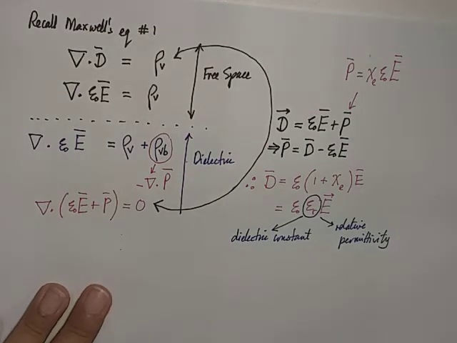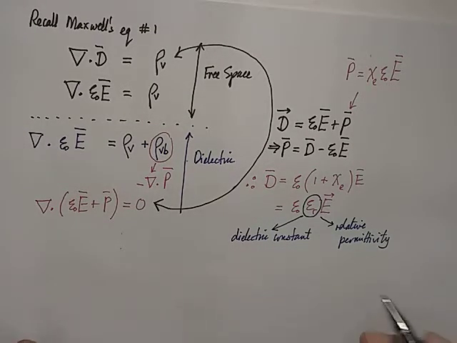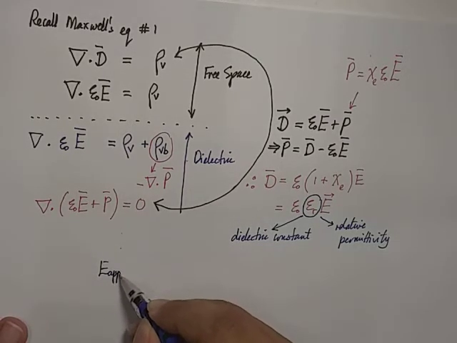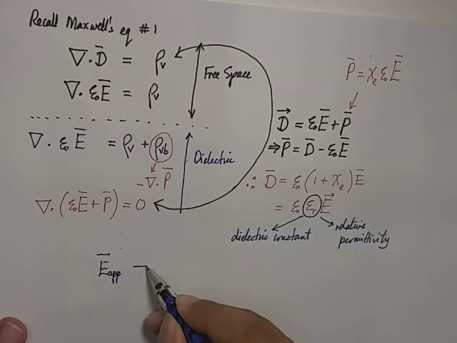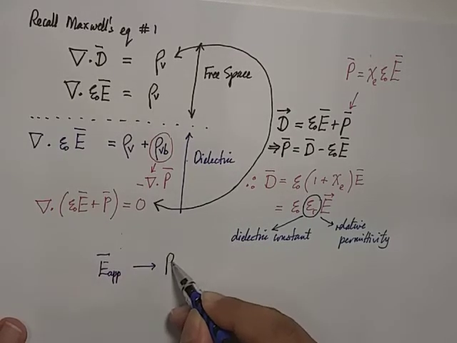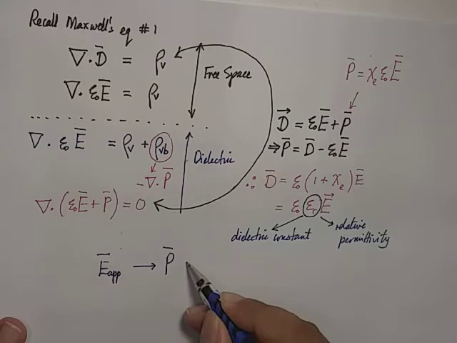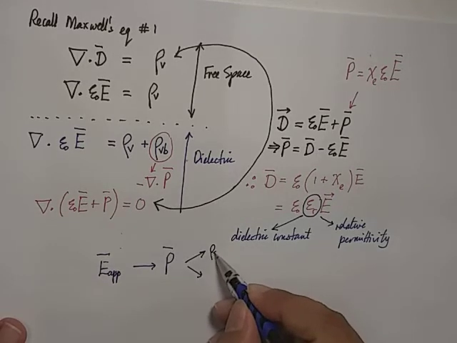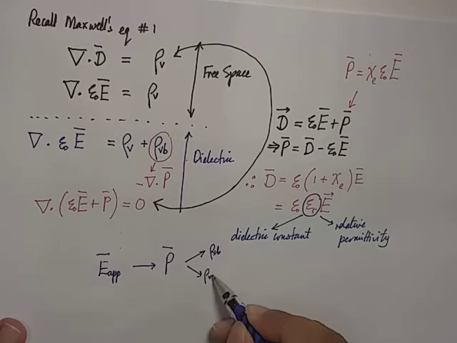So as a conclusion, when a dielectric material is exposed to an applied E, you're going to create polarization. This polarization is going to, as the next step, produce charges, rho SB and rho VB.